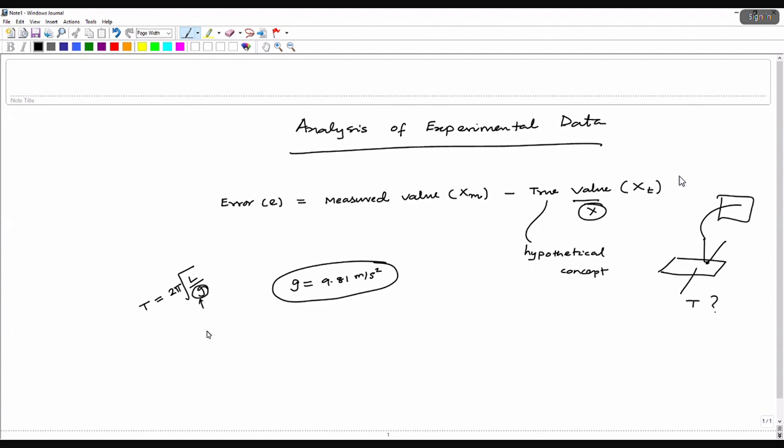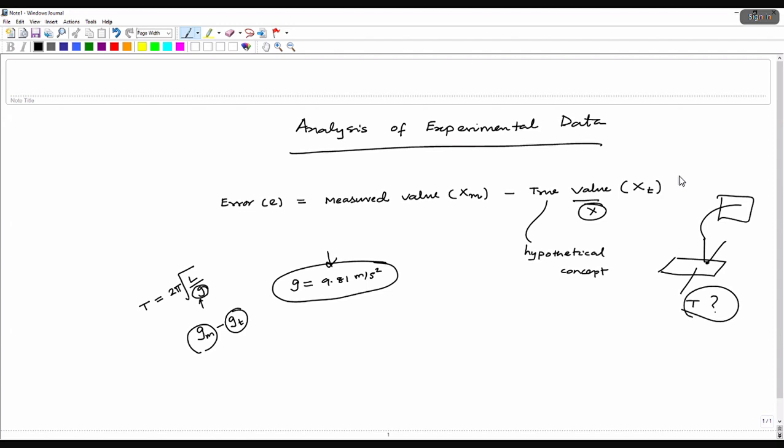In that case, you know the true value of g because it is known from theory, 9.81 meter per second square. So in this case, you can say, okay, my error is this much. But in most cases, like the temperature of the surface, you do not know the true value. You only measure, and that's all. You don't have a true value.